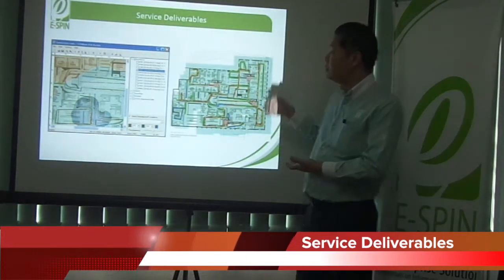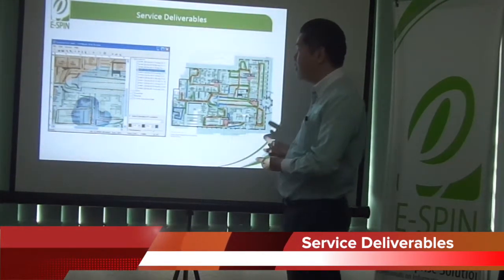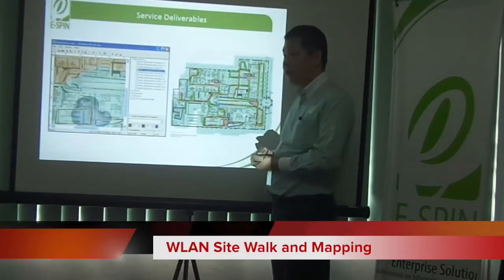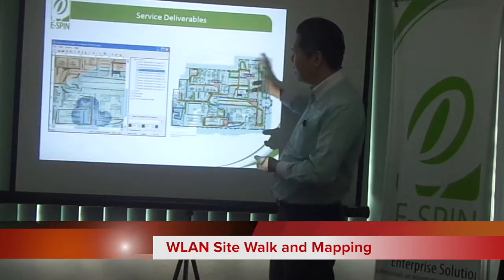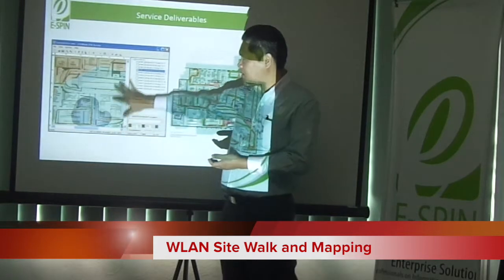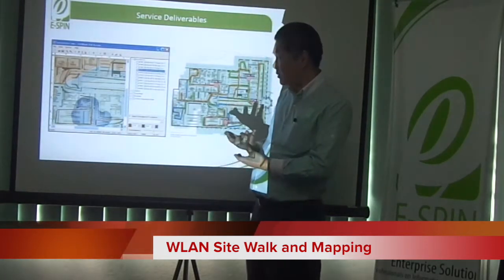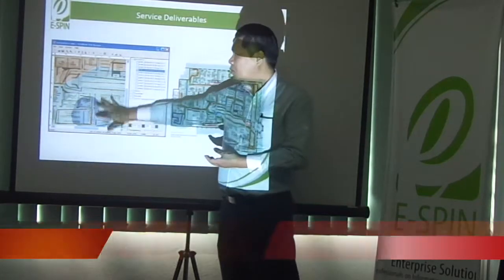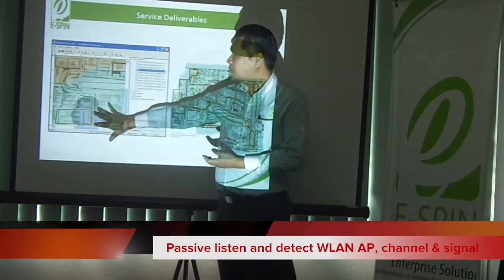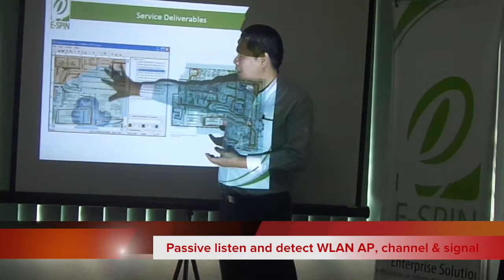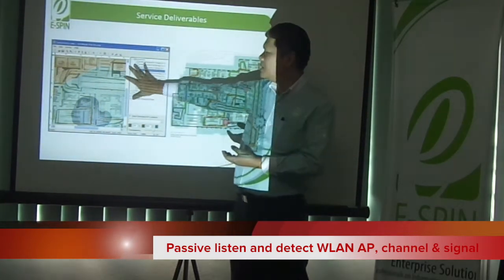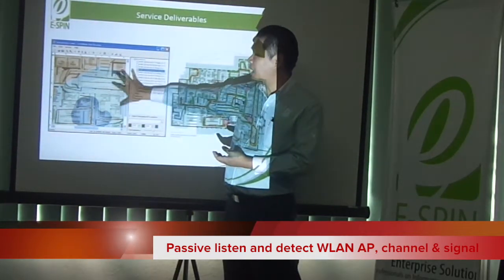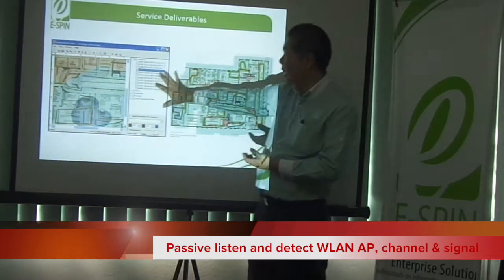Yes, if we do the site survey walk, in particular the passive site survey, we will walk your facility. Of course, we still need your site map. This is the reason why: by the time we walk, we will start mapping your actual environment according to the wireless performance and signal data into the map, right?